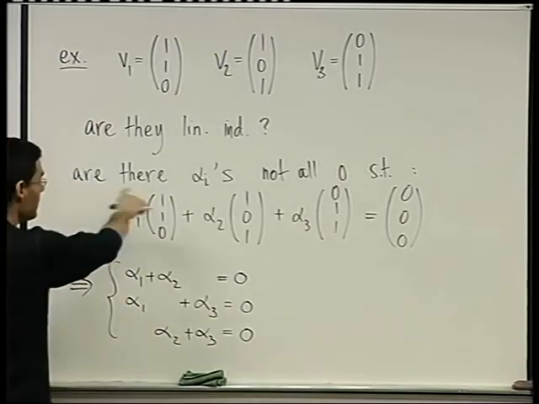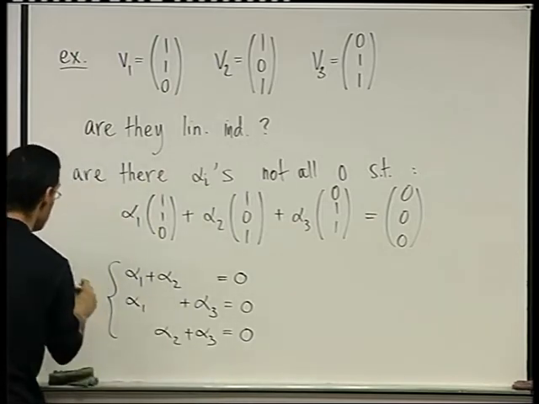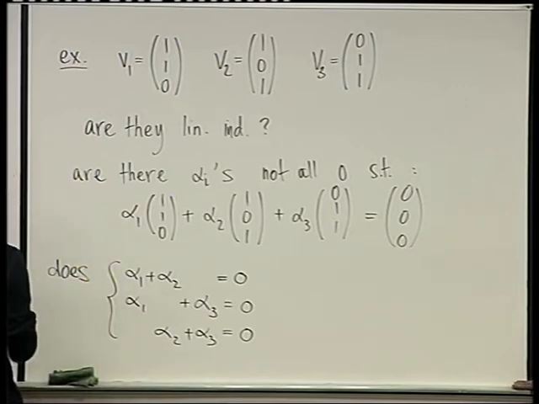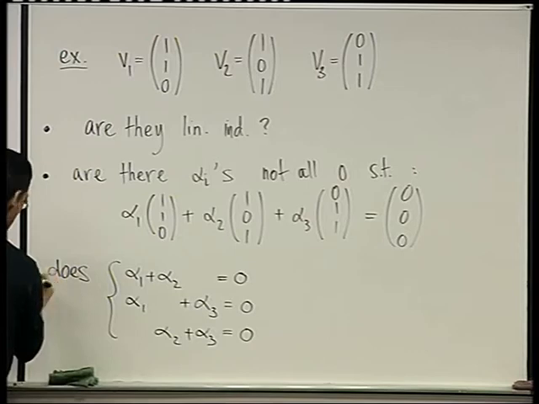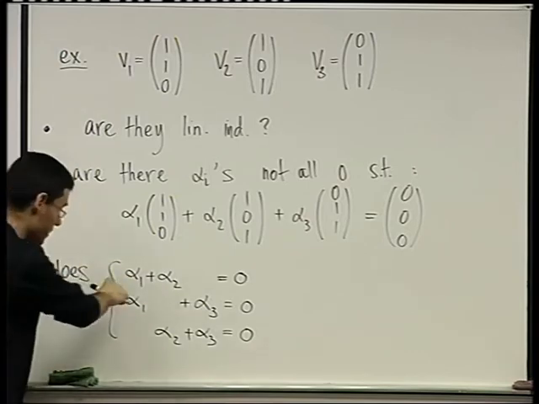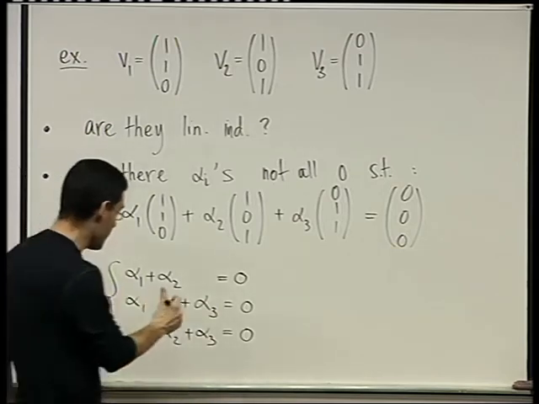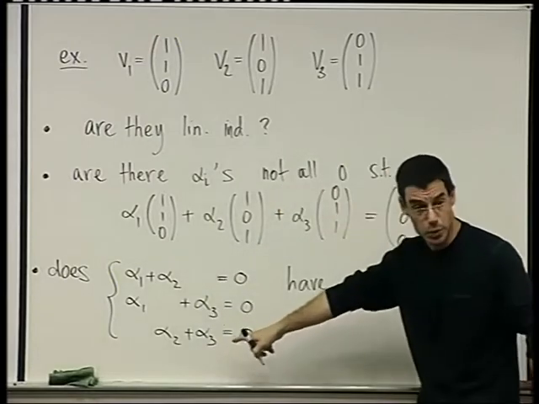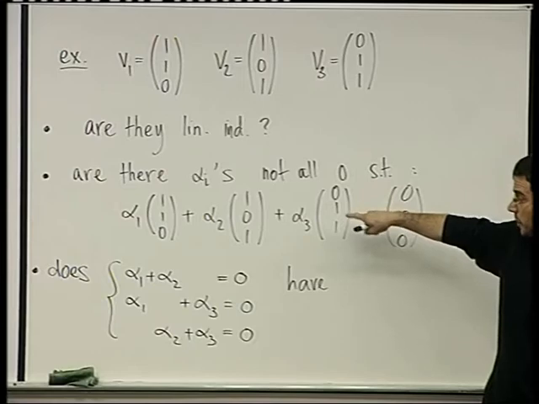So the question is, and they're all the same question: does this system of linear equations in the unknowns alpha 1 through alpha 3 have a solution? It obviously has a solution where all the alphas are 0, but that would say nothing.